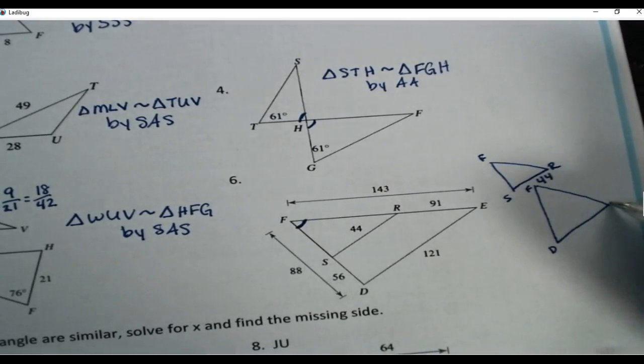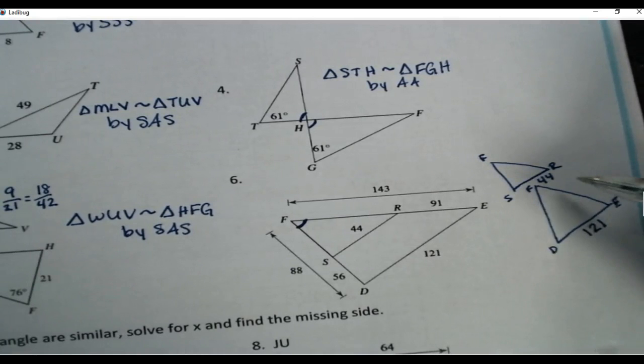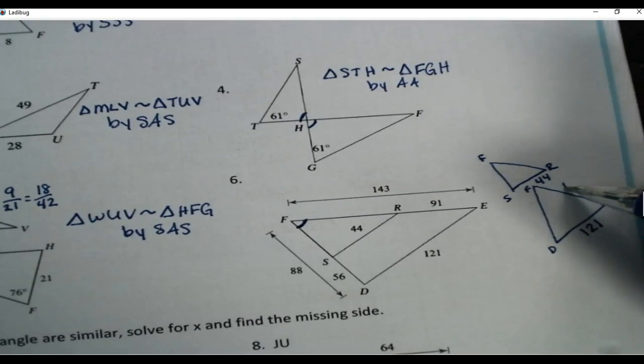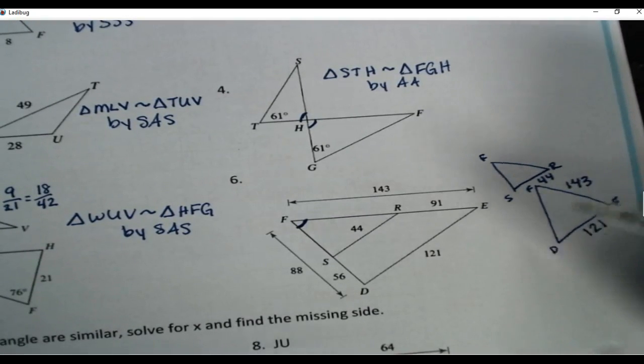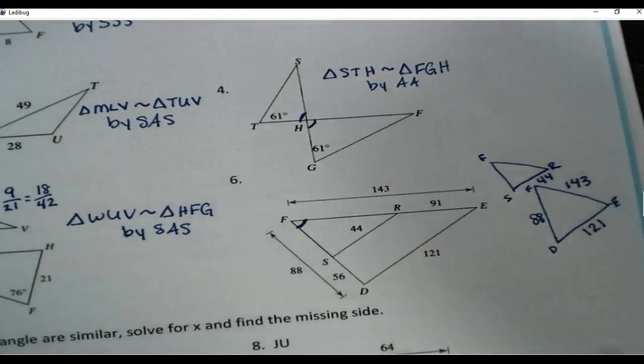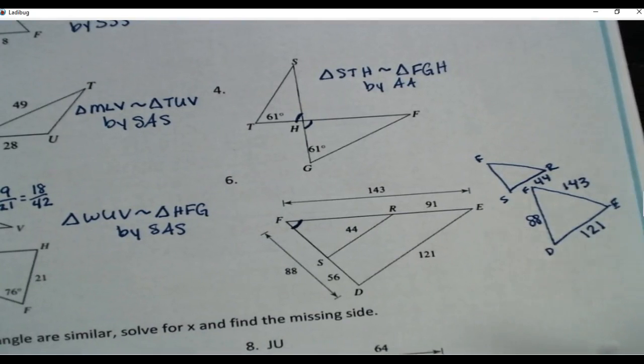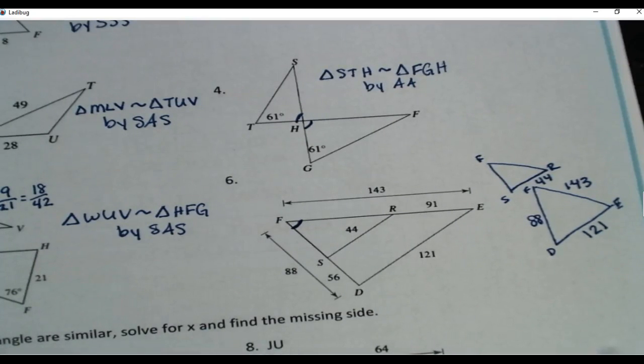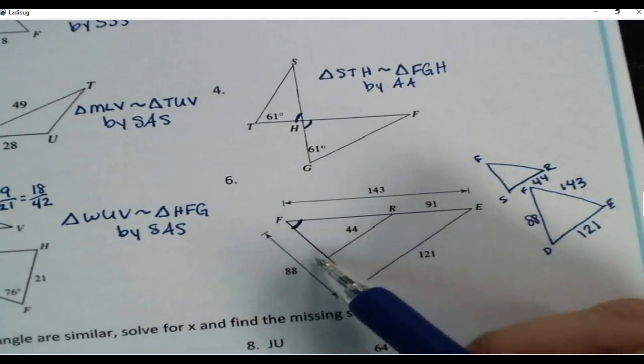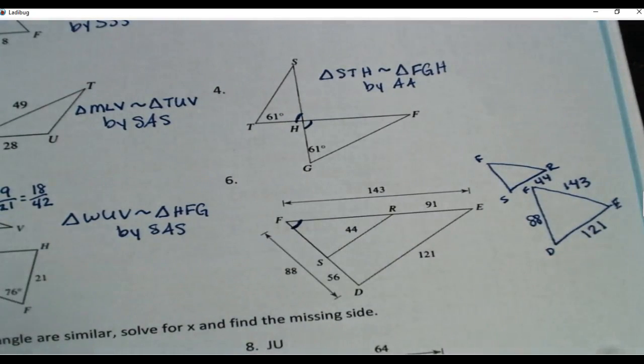But in my big triangle, I know all the sides. I've got 121, this side FE is 143, and FD is 88. But can I find the length of FS and FR?